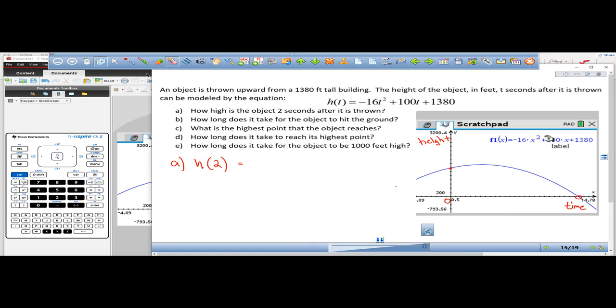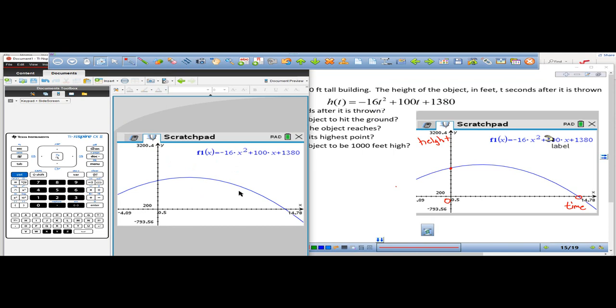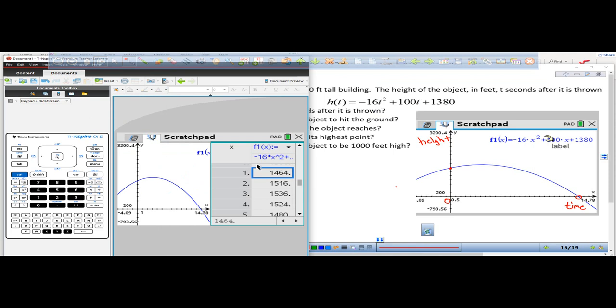Or you could just go to the TI Inspire. Since we've already graphed this, we can just go to Control T, which brings up the table menu. Based on this equation, if x is this, this is the y. So we want to know, if x is 2, what's the y? What's the height? The height is 1,516.